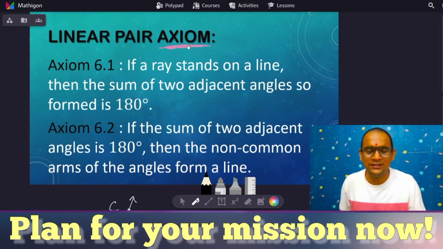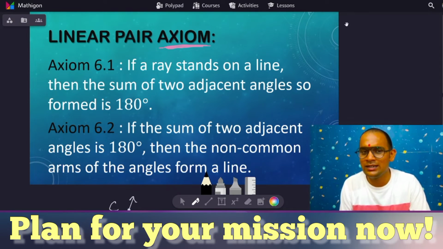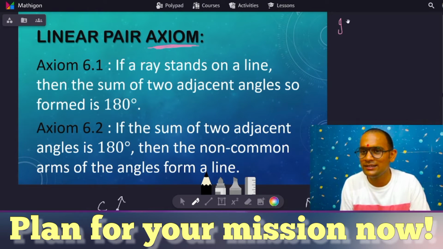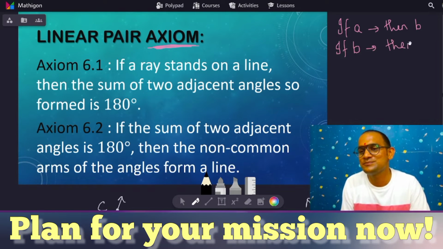I hope you got the answer. As you can see, the conditions are exactly the same, but I will try to make you understand in a slightly different way. Axiom 6.1 says, if condition A is true, then B is also true. And the second says, if B is true, then A is also true.